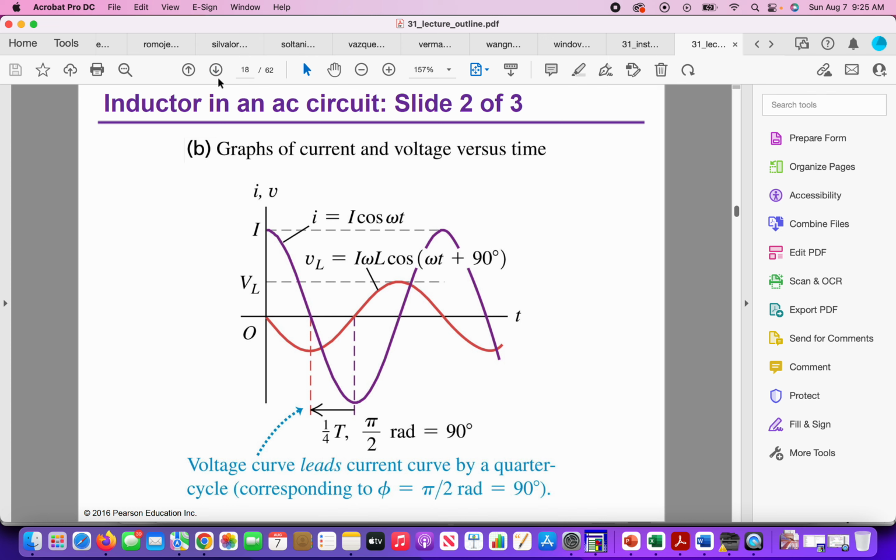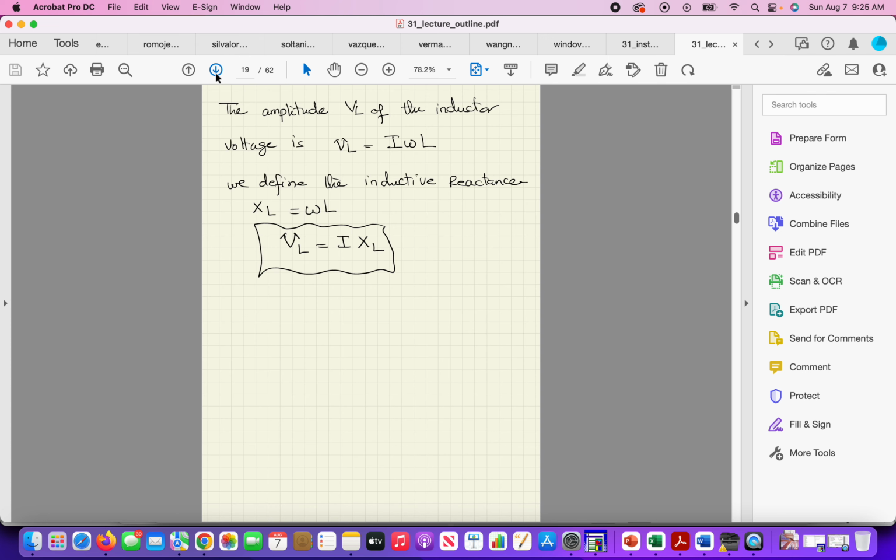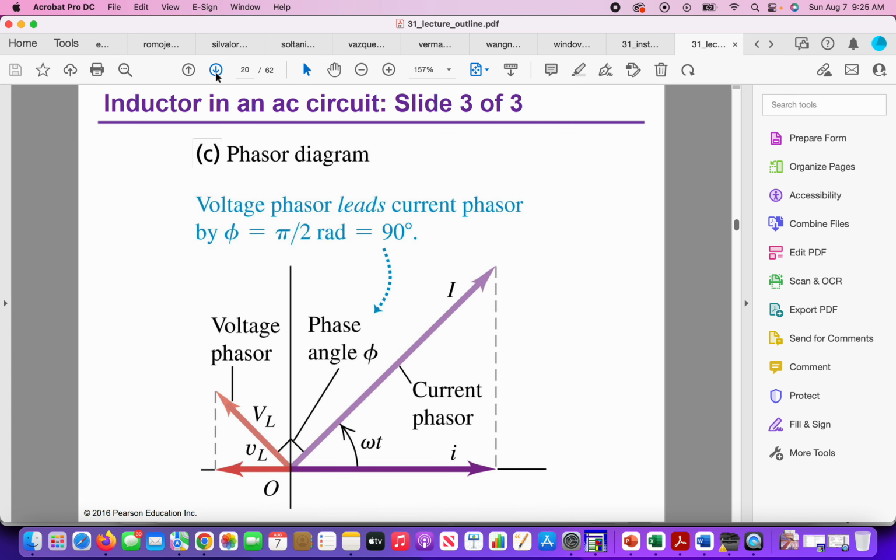Now, the phasor diagram is going to be clearer. The amplitude of the voltage across the inductor, where L is the uppercase inductance, is equal to I omega L, and we define the inductive reactance XL as omega times L. Then VL is going to be I times XL, which is the inductive reactance.